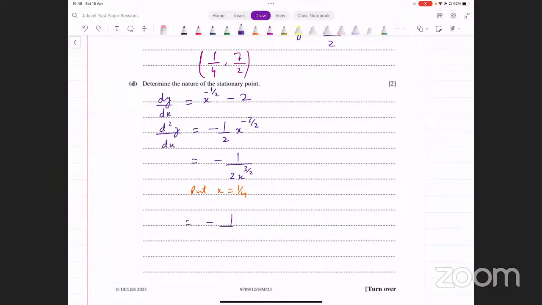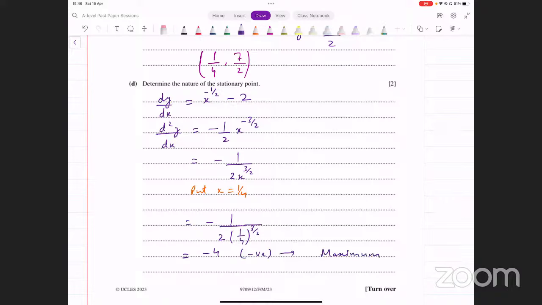So just put this whole thing on your calculator and see what that gives you. I think it's going to be minus 4. Since it is minus 4, we say it's negative, and that means that stationary point is a maximum point.